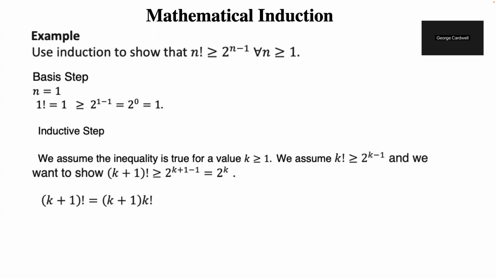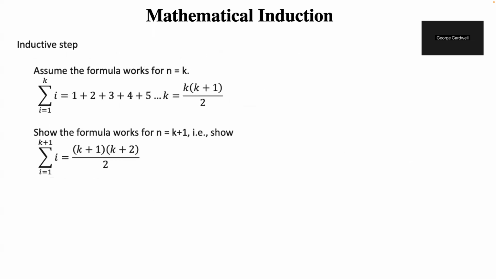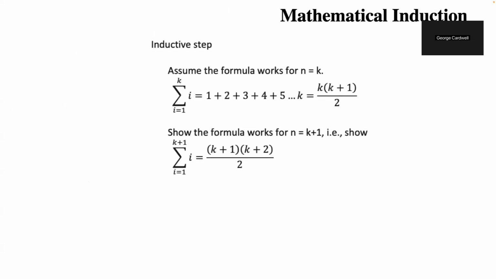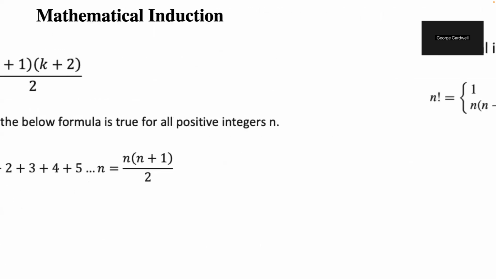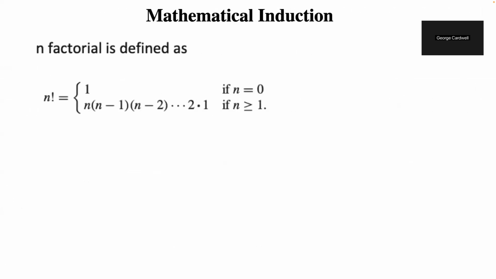Okay. So we'll start with k plus 1 factorial. K plus 1 factorial can be rewritten as k plus 1 times k factorial. Again, because if you look back to the definition of factorial, n factorial is n times n minus 1 down to 2.